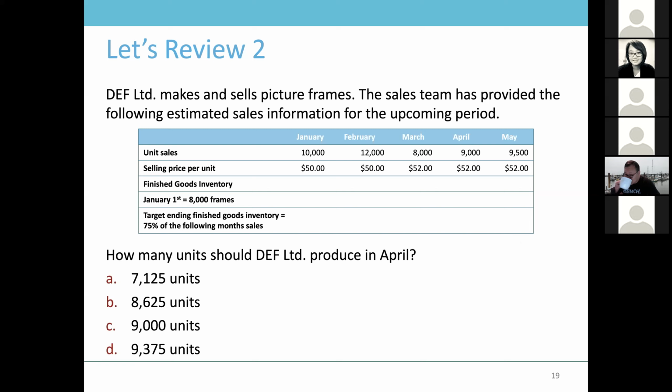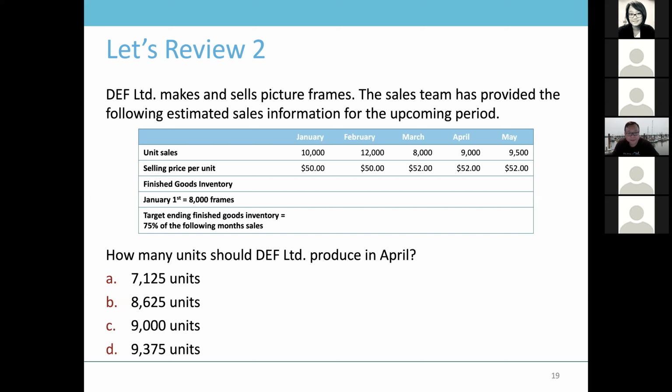The way I found D for this question is, sorry, I have the flu right now, that's why my voice is like this. The expected unit sales for April was 9,000. I multiplied that by 75% to get the beginning finished goods units, which was 6,750.